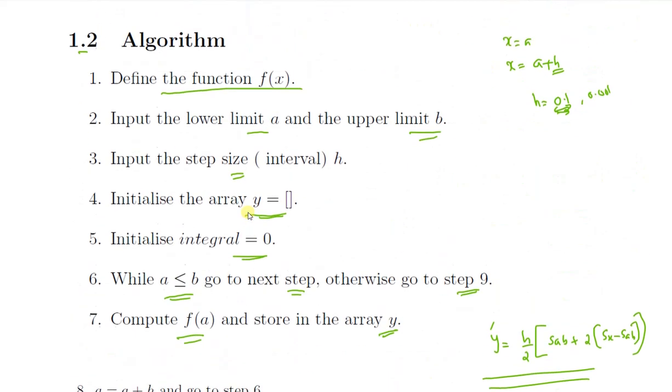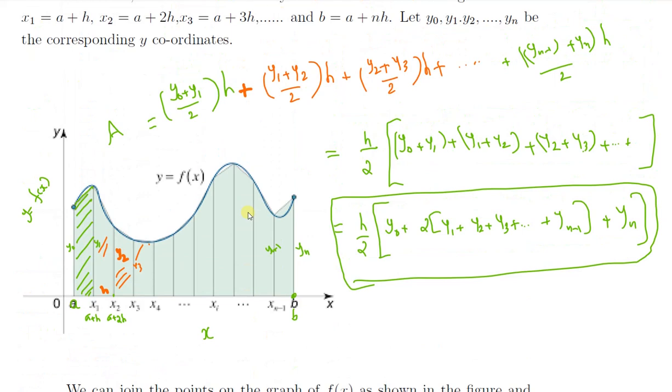So this is the trapezoidal method to find the integral. Now if the interval or the step size we are taking is large, what will happen in this trapezoidal method? Suppose we take a step size h which is very large.